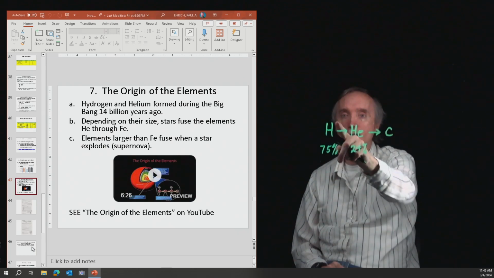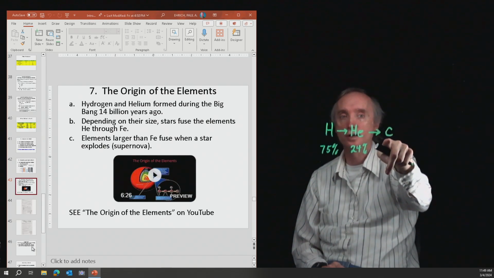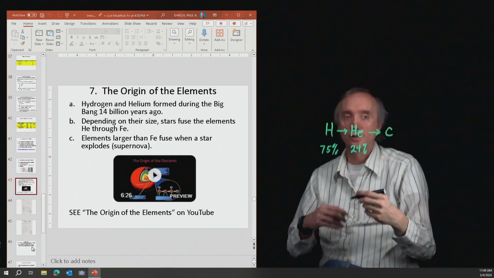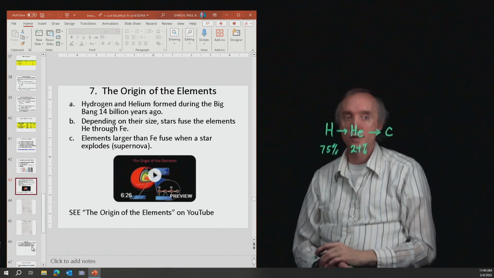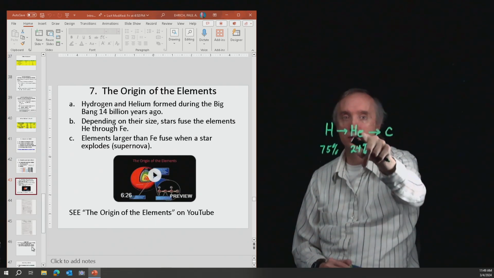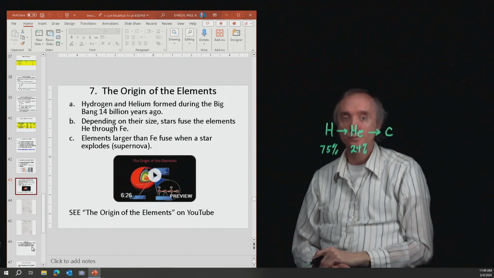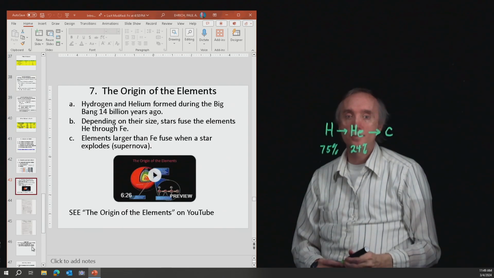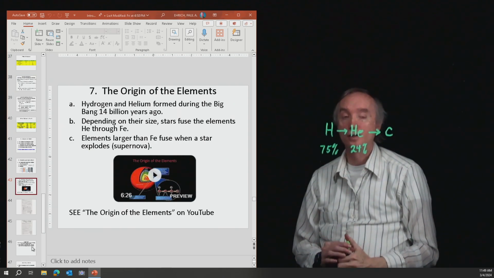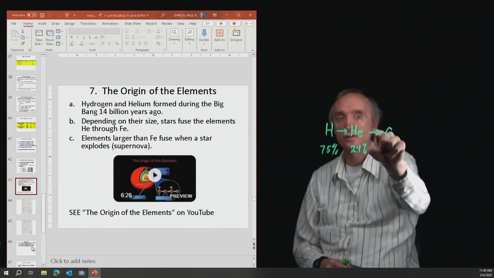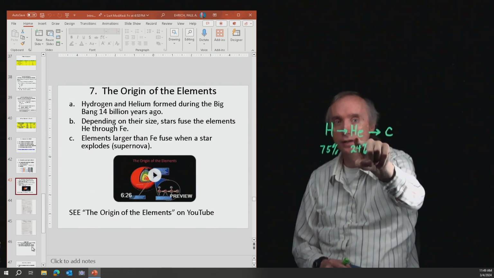So this explains where hydrogen, helium, and carbon come from. There are also little side reactions that can produce the elements between helium and carbon. That's going to keep this star alive for a little bit longer. But eventually this star is going to start to run out of helium.